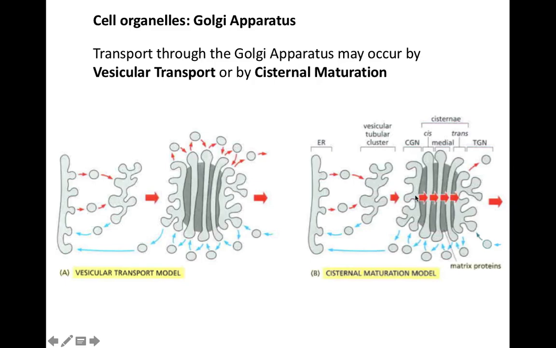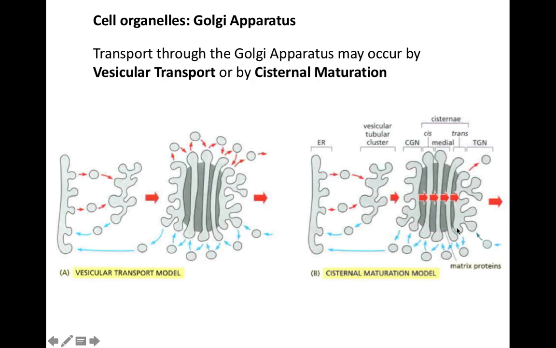So this cluster moves to the second place, and from the second place to the third, from third to fourth, and so on, all the way towards the trans end. So there is no movement of vesicles from one cisterna to the other. It's rather the entire cisterna which moves, taking along all the content that it contains from the cis face to the trans face.